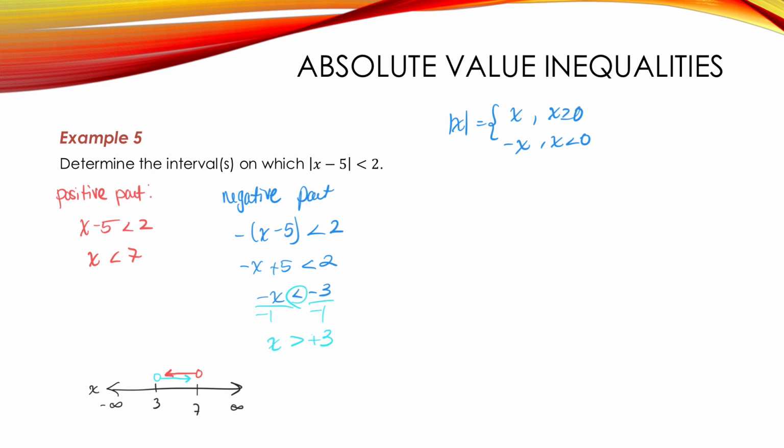So these two overlap in the middle, which means our true number line then says, okay, I still have 3 and 7, and this is our negative infinity to positive infinity. And what they have in common is that between 3 and 7, they're connected. So our answer would be this number line, or we would say 3 is less than x is less than 7, or we would do parentheses 3 comma 7.